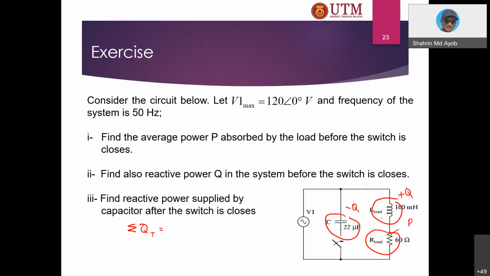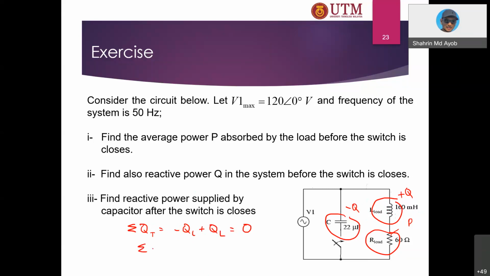The elements that can produce Q are only the capacitor and the inductor, so you will have negative QC plus QL, and this should be 0.